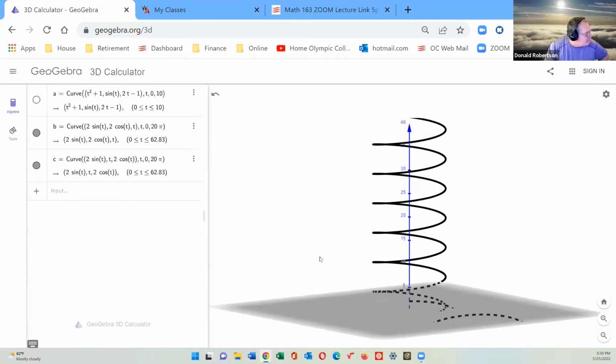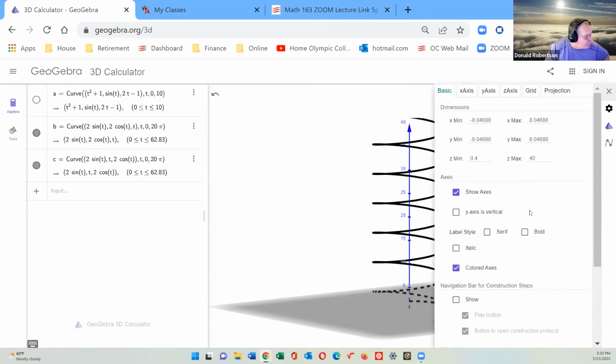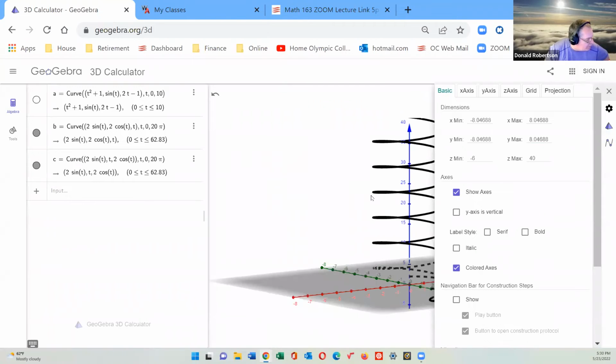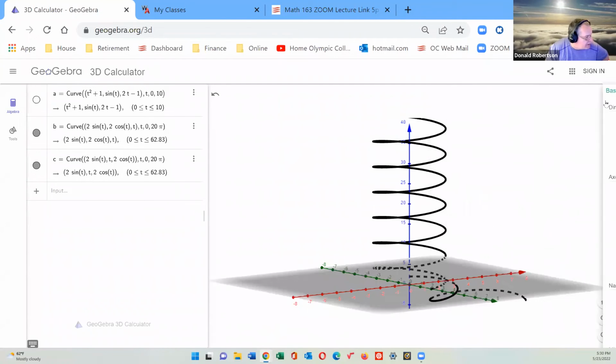Oh, we can't see the orientation because of my restrictions on the X and Y axis. So I'm going to do this guy to -6. And that might help a little bit. Okay.